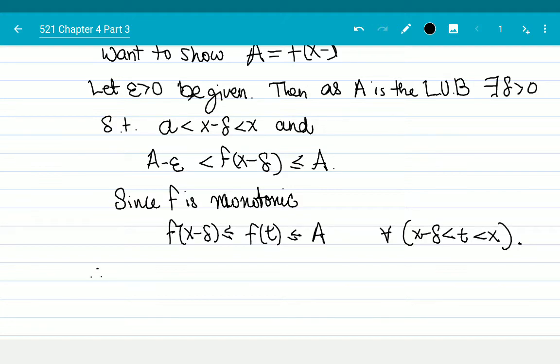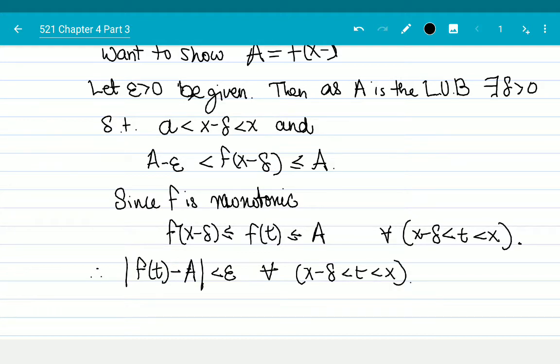Therefore, f of t minus a is smaller than epsilon for every t with x minus delta smaller than t smaller than x, right? Therefore, f of x minus is equal to a.